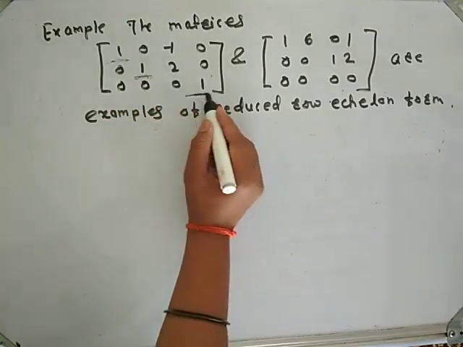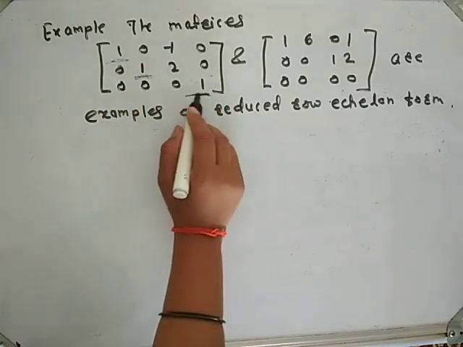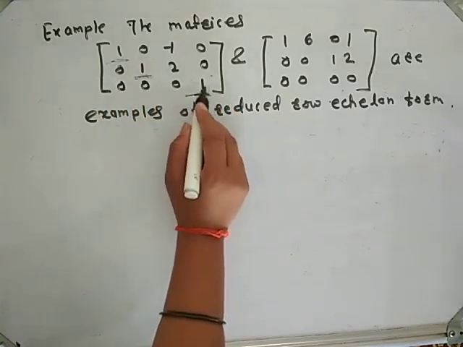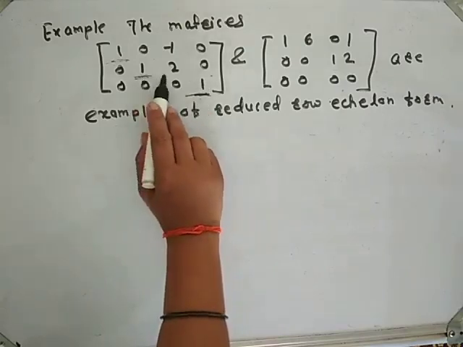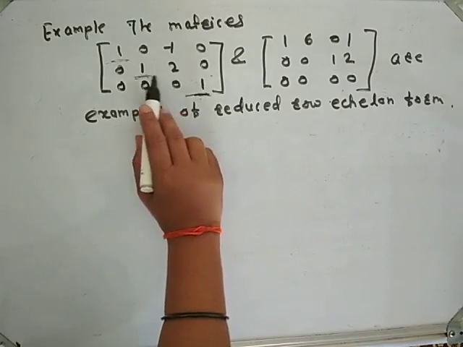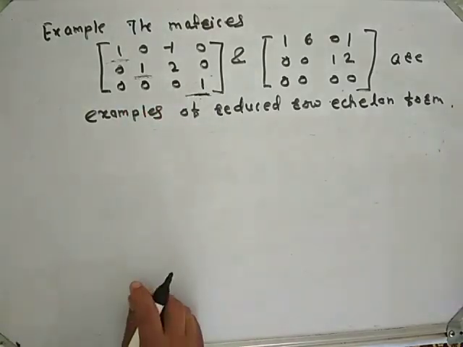Similarly, this leading one in the third row occurs further to the right than the leading one in the second row. Okay, means the third property is also satisfied.